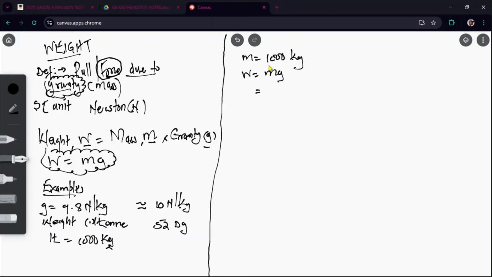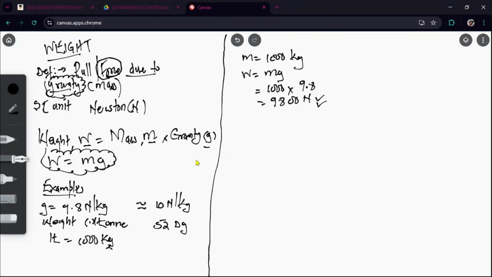So weight: mass is 1,000, you multiply by gravity, which is 9.8. And if you multiply this right, the answer is supposed to be 9.8, then 2 zeros. This one is measured in newtons. So I have my answer like that.